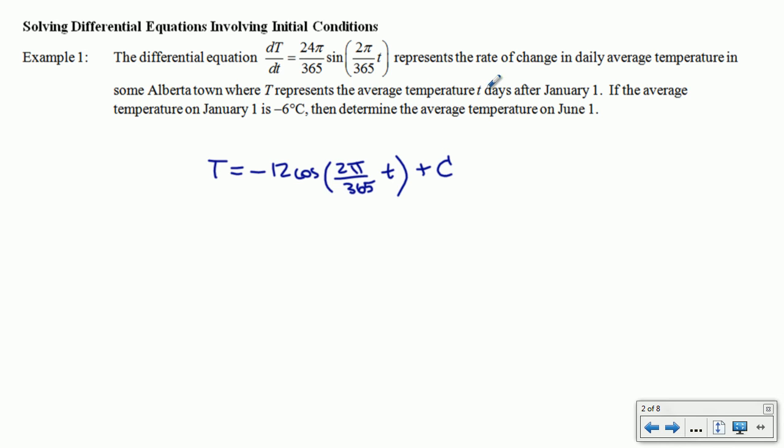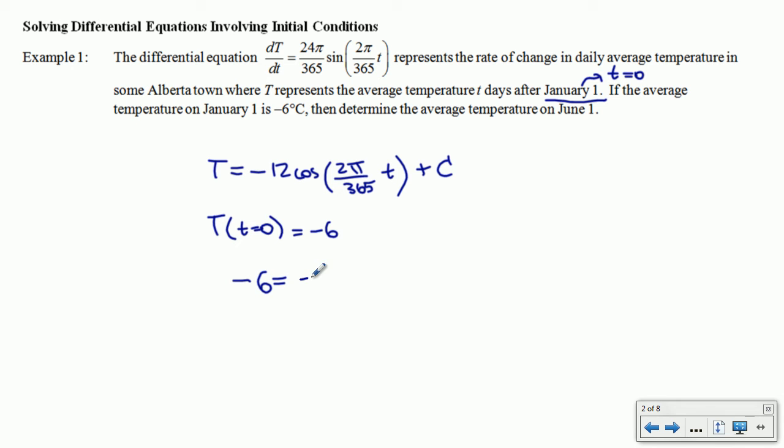Given that lowercase t, time, is given in days after January 1st, January 1st works out to be t equals 0, and we have an initial condition on January 1st, so the temperature when t equals 0 is minus 6. With this information, we can figure out what c should be, because if we put t equals 0 here, and put this in for capital T, then we can just solve for c.